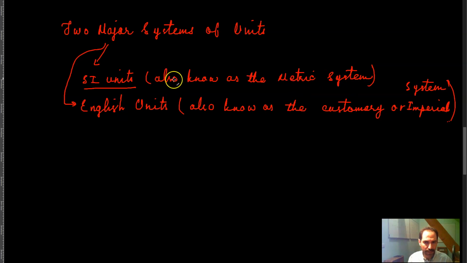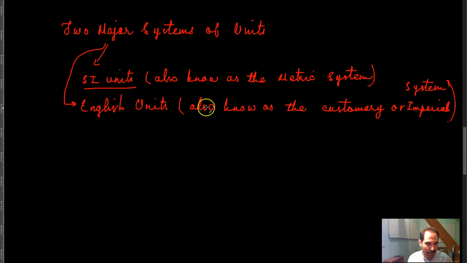The metric system is a much older system that was being used in the world, and then they made some changes to it, and out of the metric system they made the SI units. You can say that the SI system is some sort of improvement upon the metric system. But it's basically the exact same system.